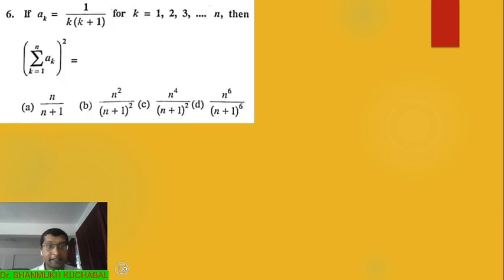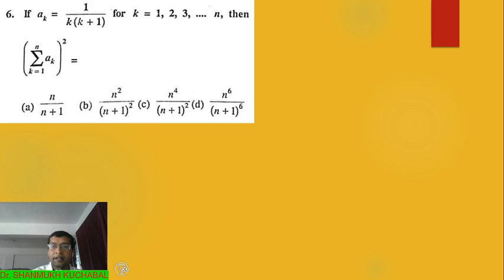We'll begin with the next example. If a k equal to 1 divided by k into k plus 1 for k equal to 1, 2, 3 up to n terms, then summation k equal to 1 to n of a k square is equal to, we have to calculate.